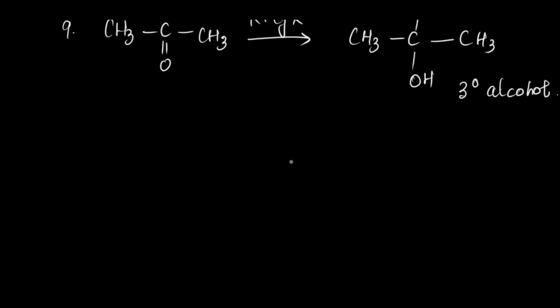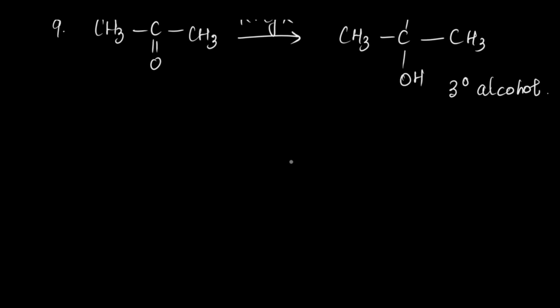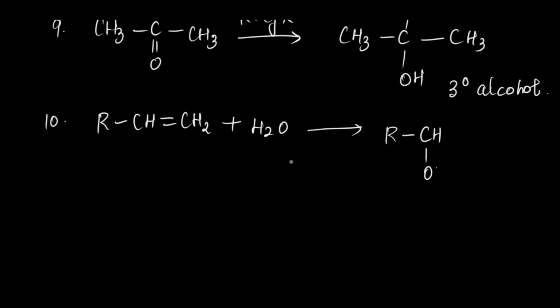Then the next important and very familiar method to produce alcohol is hydration. So RCH double bond CH2 with H2O will produce RCHOH CH3, which follows Markovnikov's principle. What are the reagents I'm using here? This is an acid catalyzed hydration.